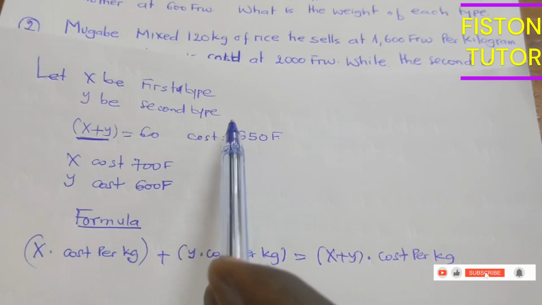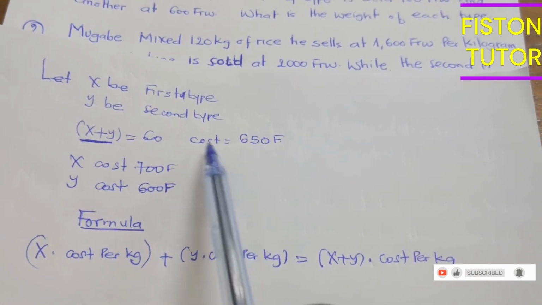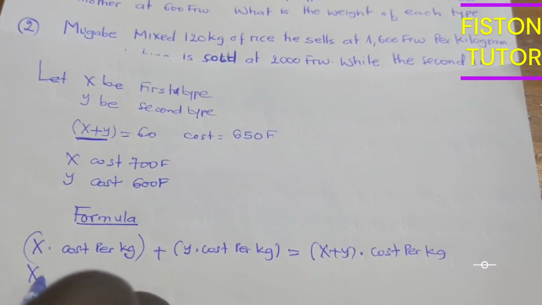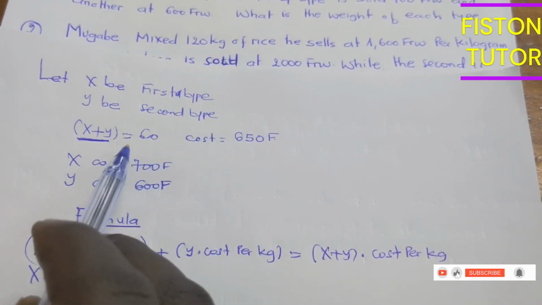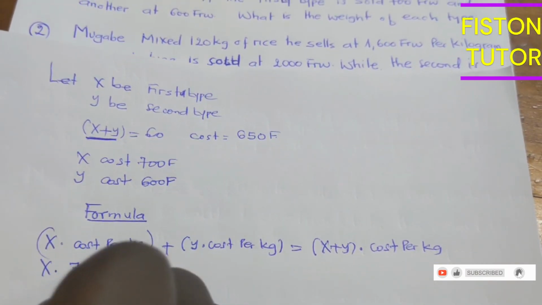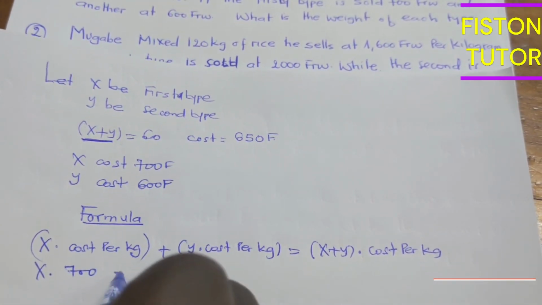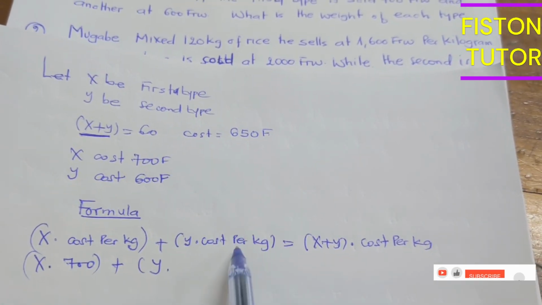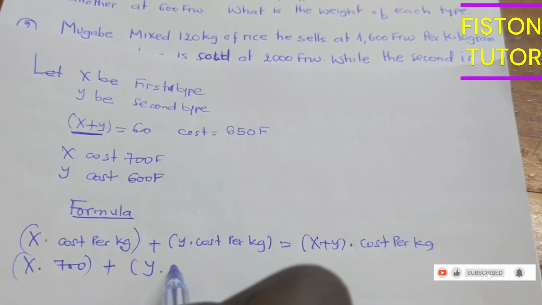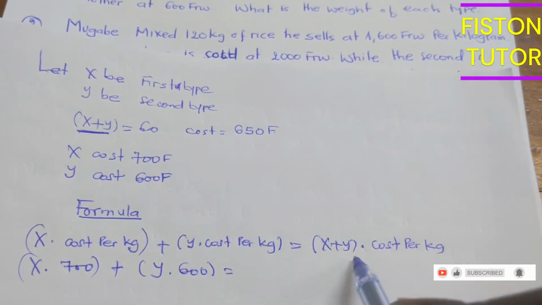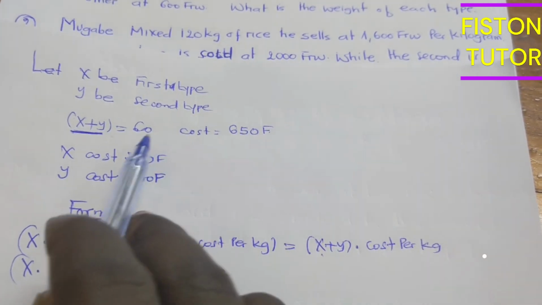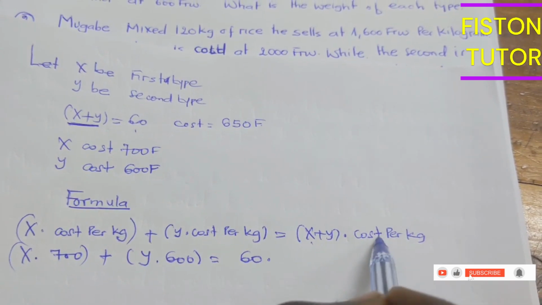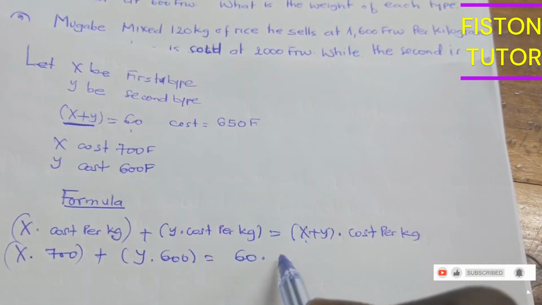Let us try to take these numbers and include them in the given formula. We have the first type X times its cost 700, plus the second type Y times 600, is equal to the mixture, and here the mixture is equal to 60, times its cost per kilogram, which is 650.